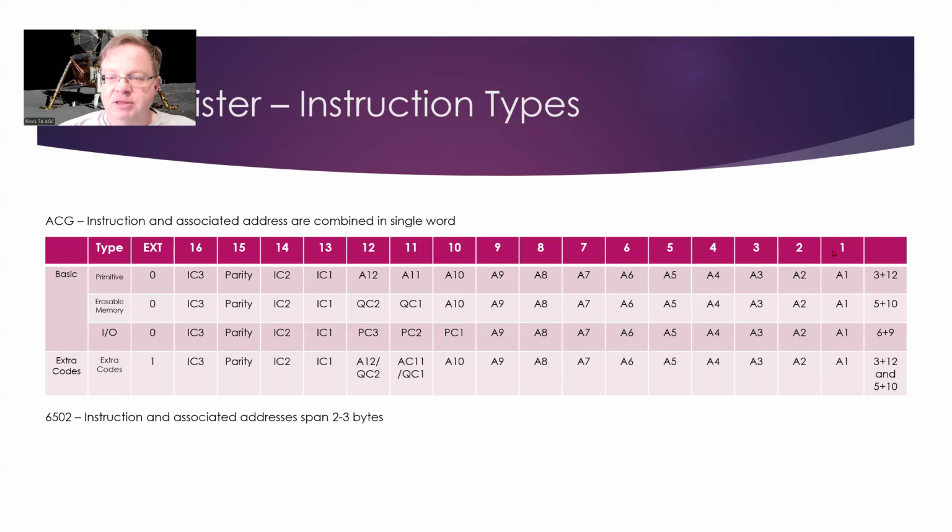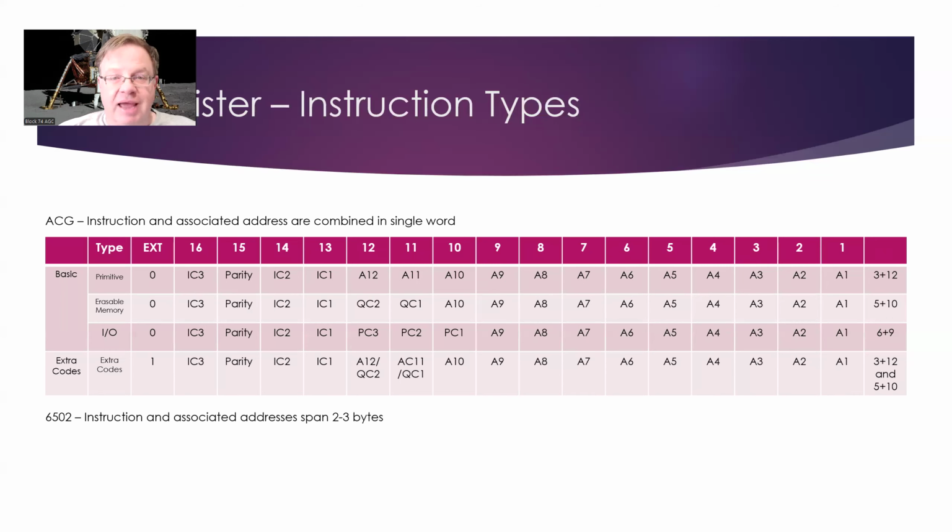So we've got our 12 bits here, address 1 all the way to address 12. Those are the 12 bits of our S register. And then we've got 3 bits of our instruction code, in positions 13, 14, and 16. Now 3 bits only gives us 8 options, right?